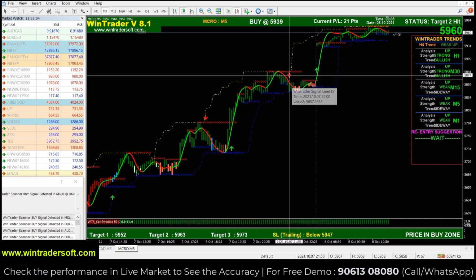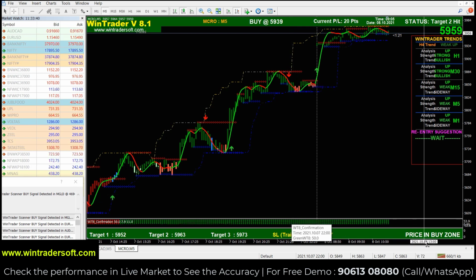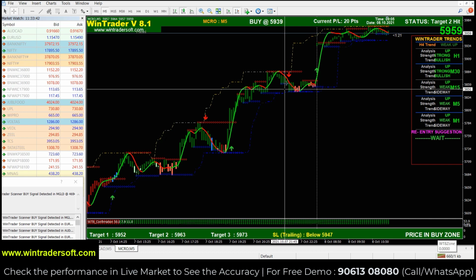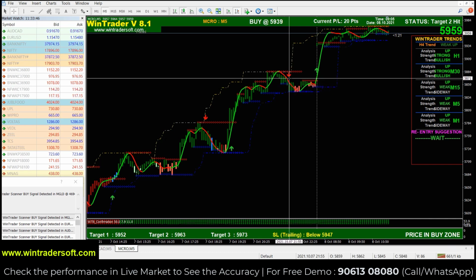In this case, you can check that the sell signal was generated but not yet confirmed. The bottom bar did not change to red, the price is not in the sell zone, and the candle color is also not red, it's green. So it's a false call. We can avoid this sell signal.